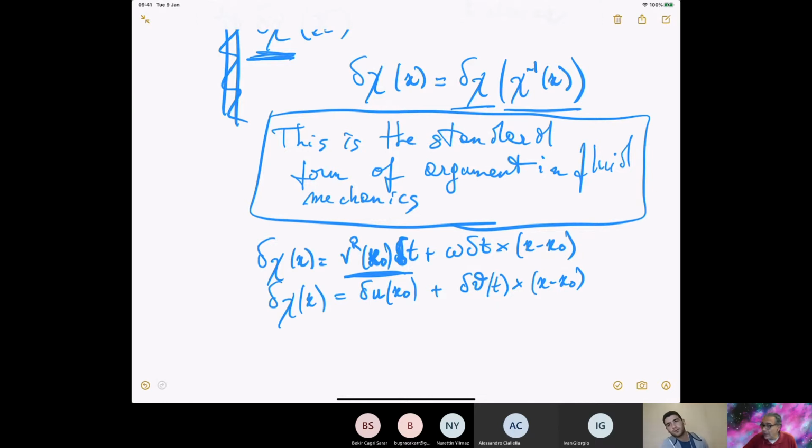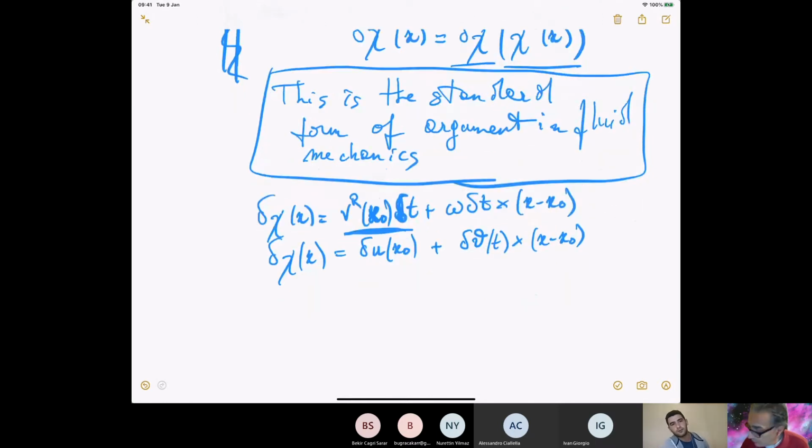Okay. Now, why am I calling this delta theta, as I usually call a variation of an angle?